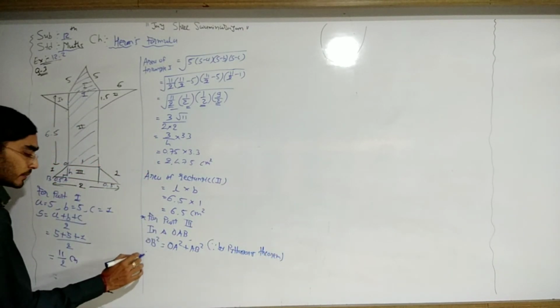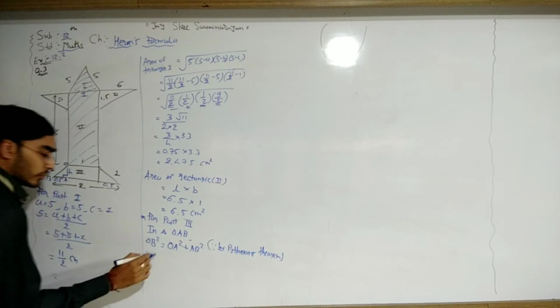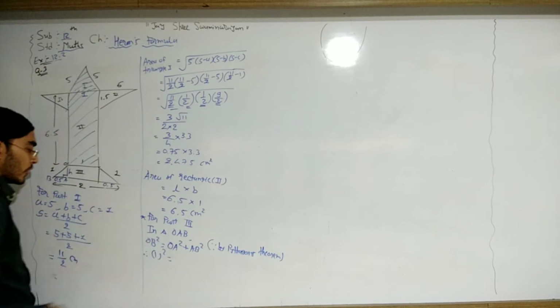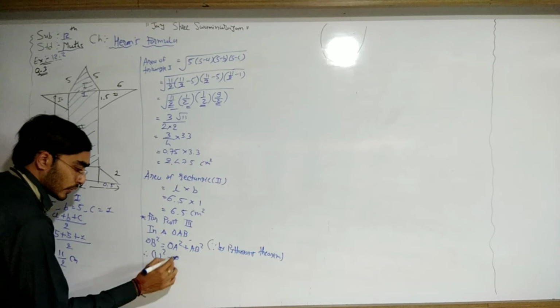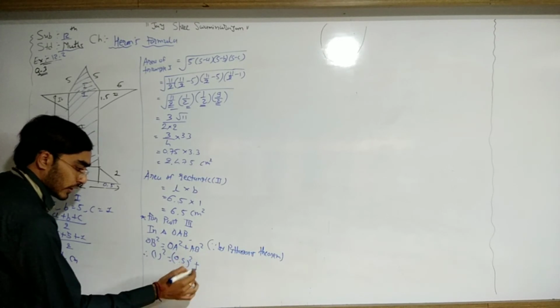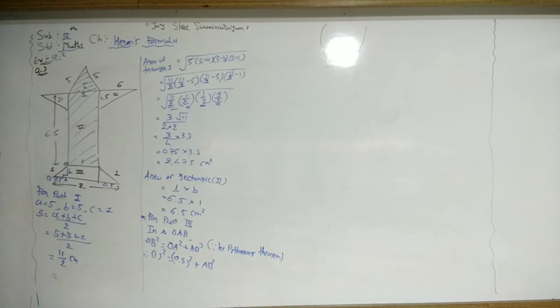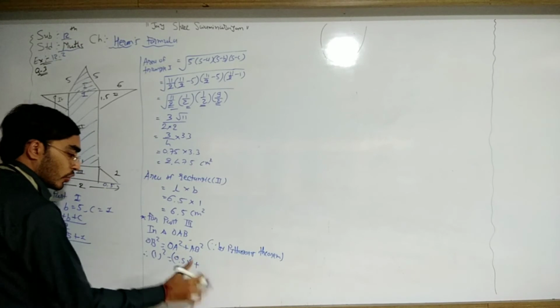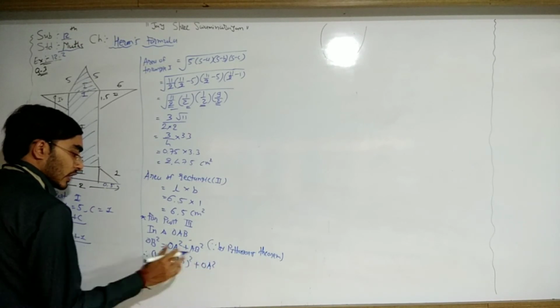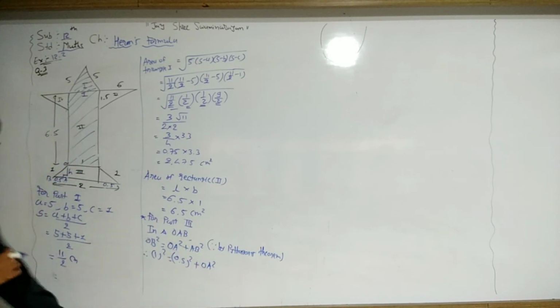Now OB is equal to 1, so 1 square, equals OA square plus AB square, where AB is 0.5, so 0.5 square.